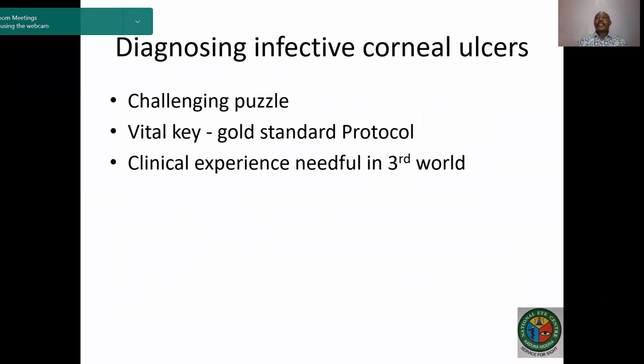Diagnosing infective corneal ulcer in this part of the world is still a challenge.